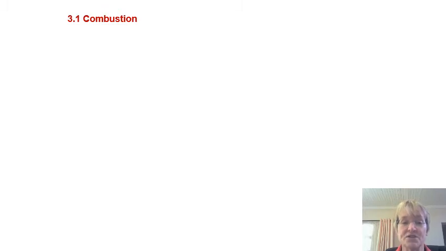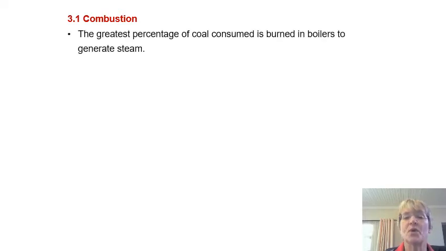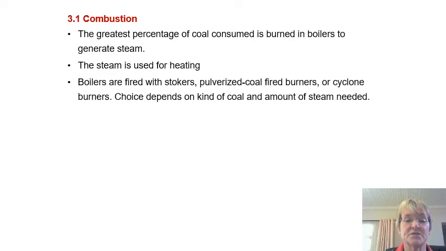Now, in combustion, we basically have the coal burned and providing energy, and this energy is going to heat boilers that can generate steam under pressure, and the steam causes turbines to rotate, and then we can create electricity.